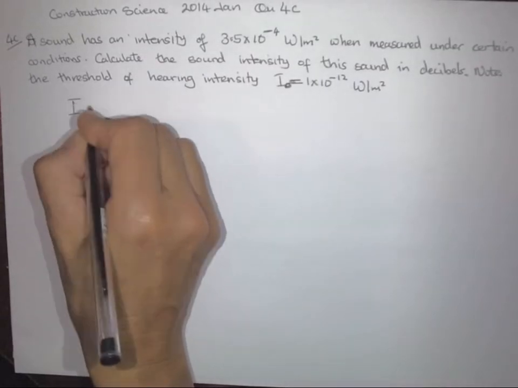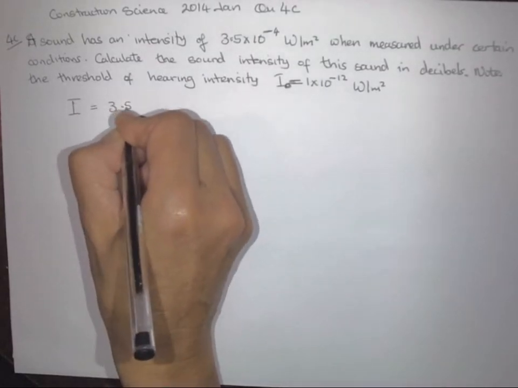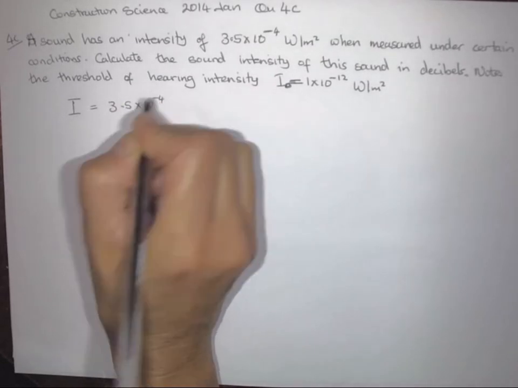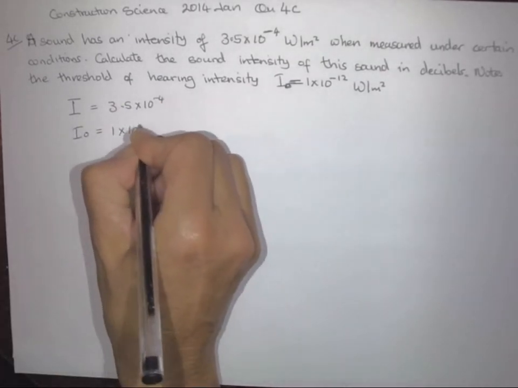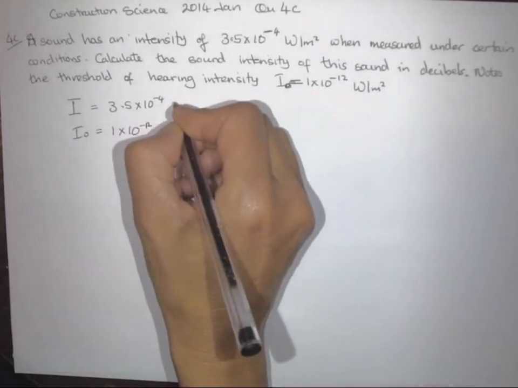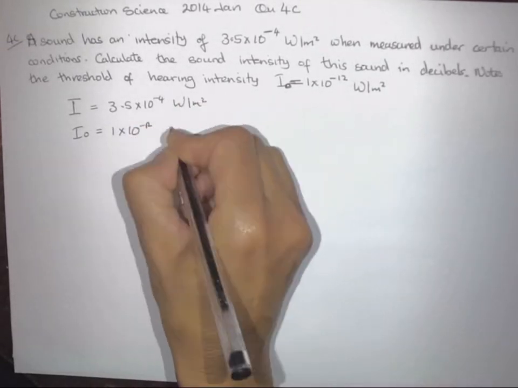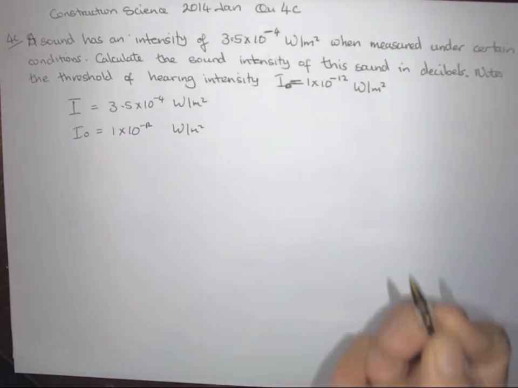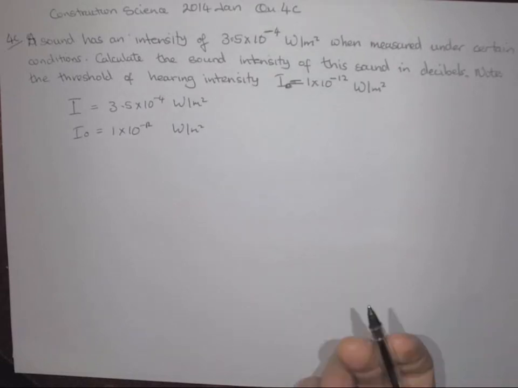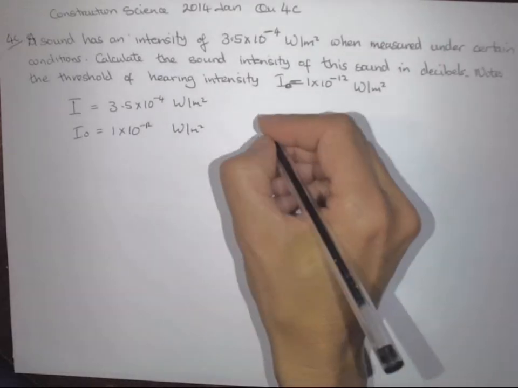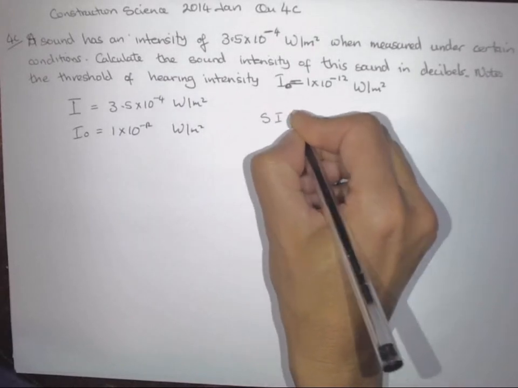So we're looking for capital I equals 3.5 by 10 to the minus 4. And we have I0 equals 1 by 10 to the minus 12. And that's watts per meter squared. And all we have to do is get it in decibels. So if you look at the back, there's one formula that has I in it, and it's SIL.